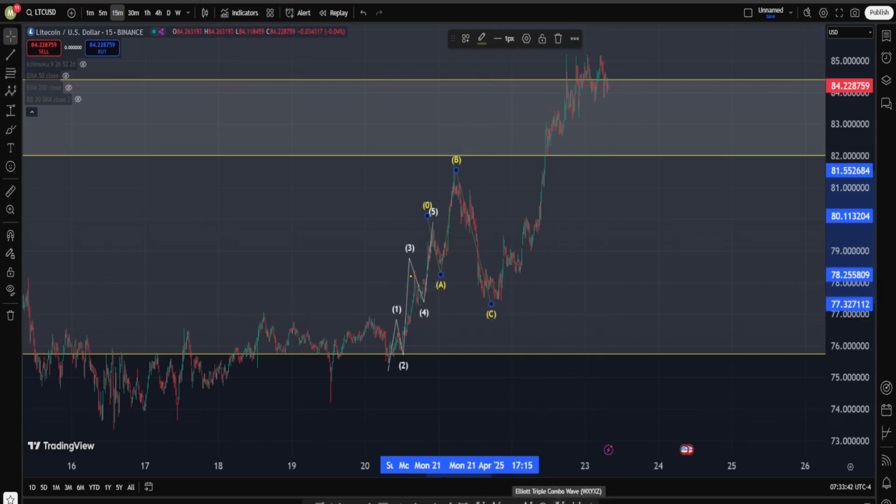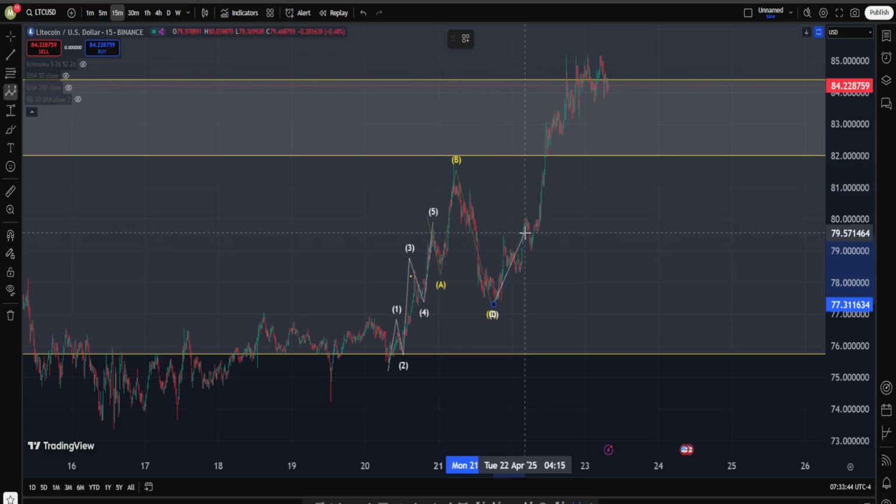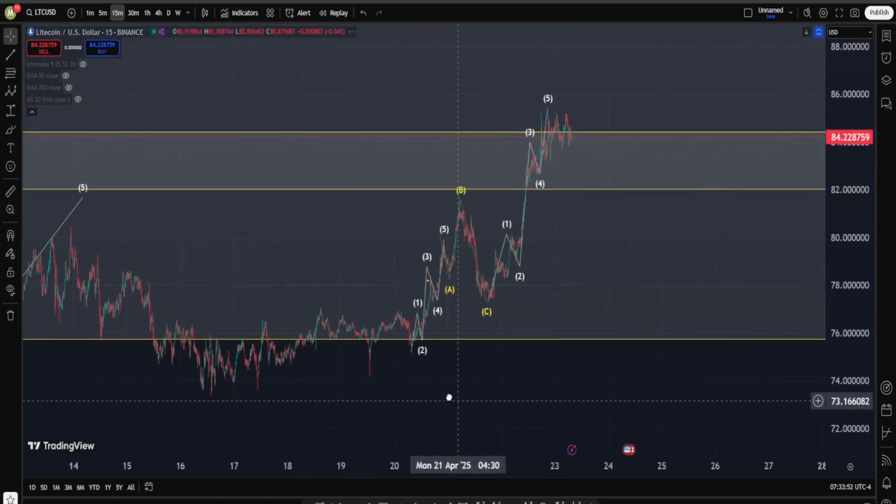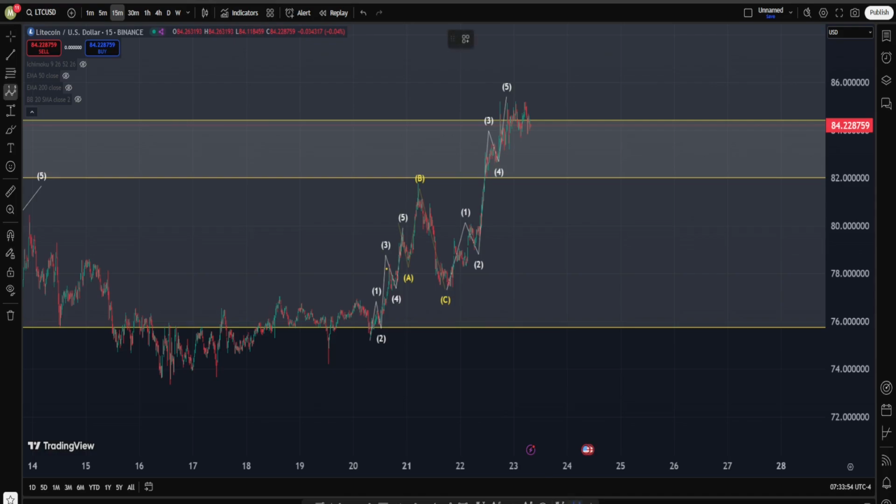Also, this seems to be another beautiful impulsive movement on the upside in LTC, maybe to about this point or maybe a bit higher, it doesn't really matter. And here we have another impulsive movement starting from this point, about 74, to around, potentially here or maybe here, not that important, around $76.